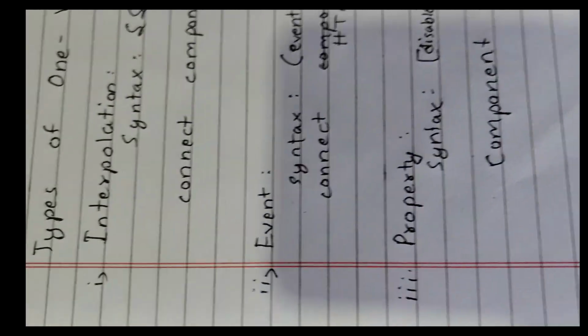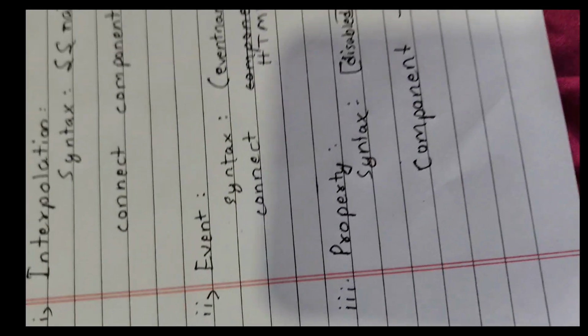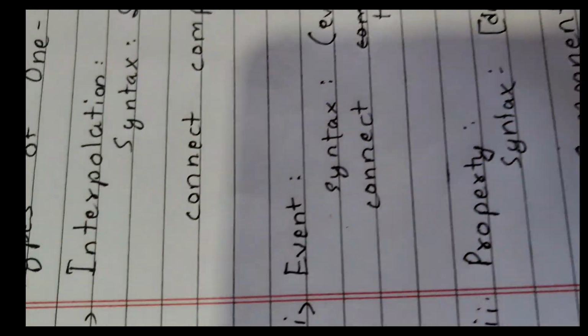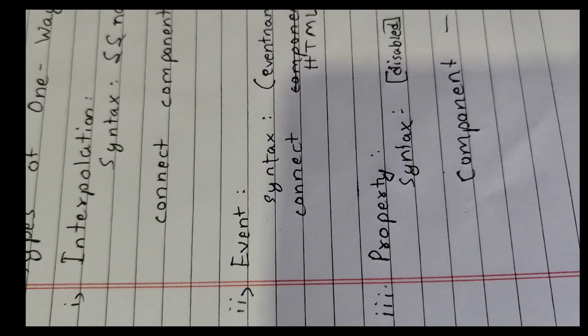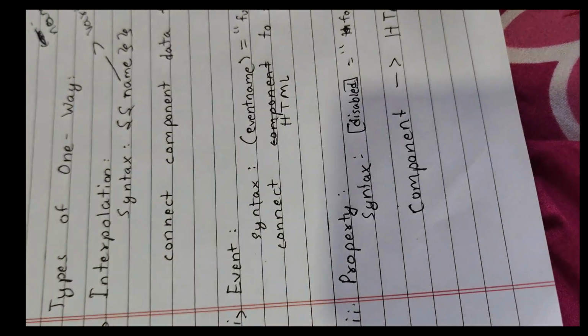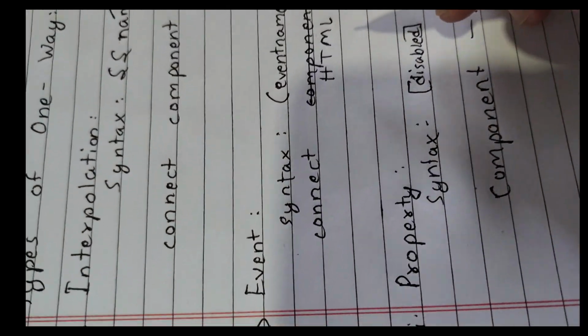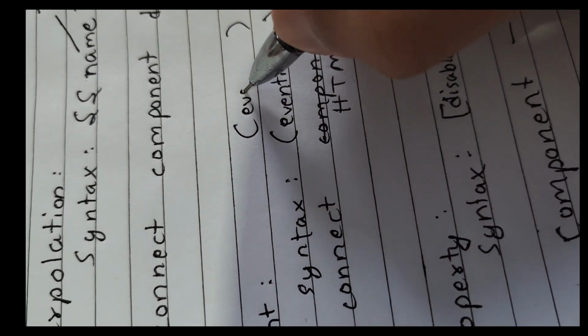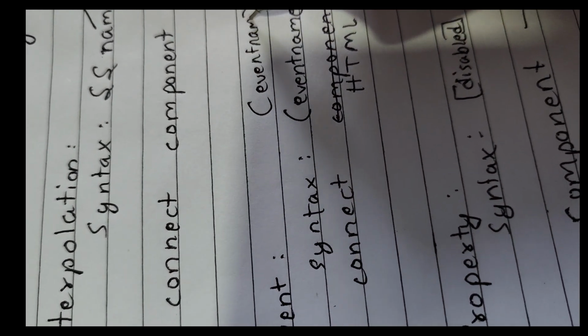Now event binding. Event binding helps us connect HTML to component. Like in JS we have click and mouseover events. Let's see the syntax. The syntax is small brackets with the event name, like click.